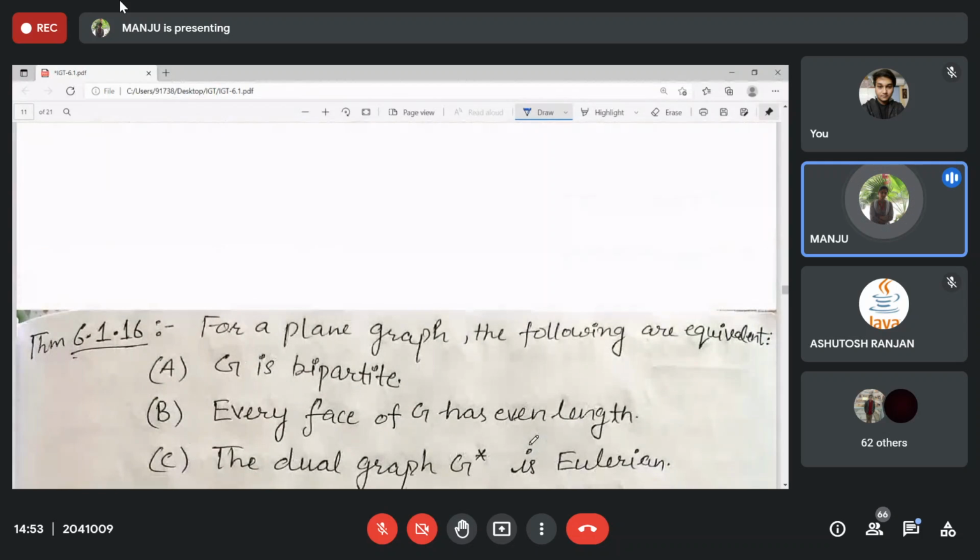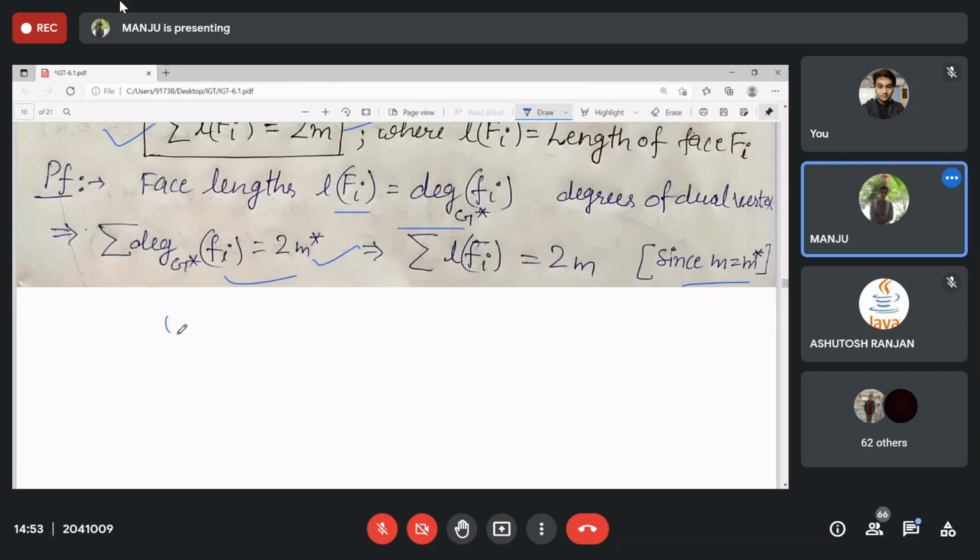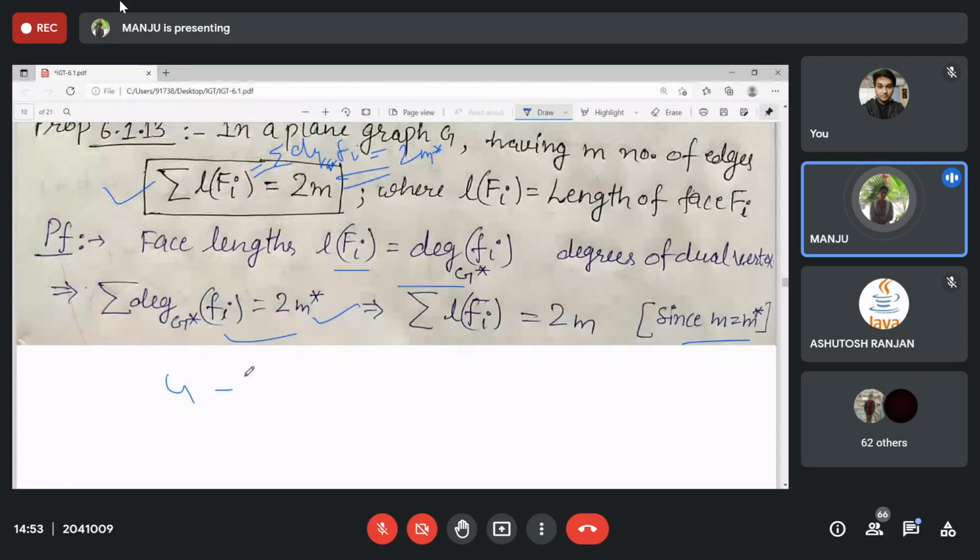Then you can have this one. If G is bipartite, G bipartite for a planar graph, G is bipartite if and only if, for a plane graph G, it is bipartite if and only if no odd cycle is present.